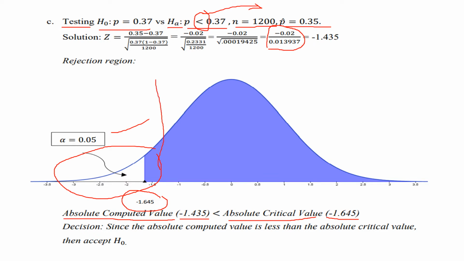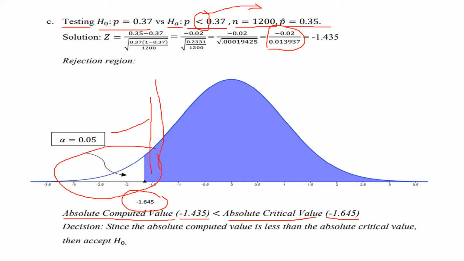As you can see, somewhere here, your negative 1.435 will fall before the critical region or the rejection region. That's why we really need to accept your H0, then reject your alternative hypothesis.